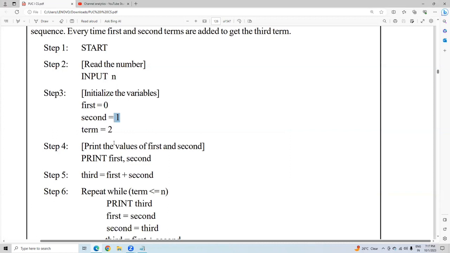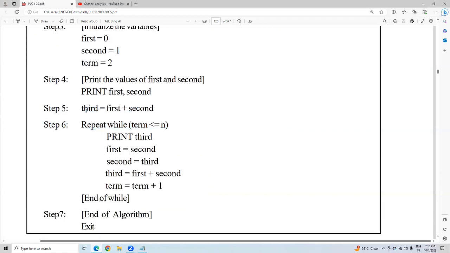Hence that has to be printed. After printing that, it will compute the third. It will go for this equation. And then it will check while term is less than or equal to n. In such a case, print the third number which was calculated here. And then second you assign to first, third you assign to second, and third should get the addition of first and second, and term is incremented by 1. So like this.